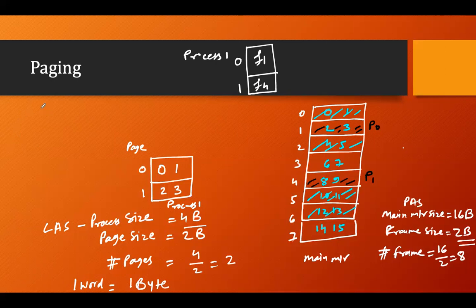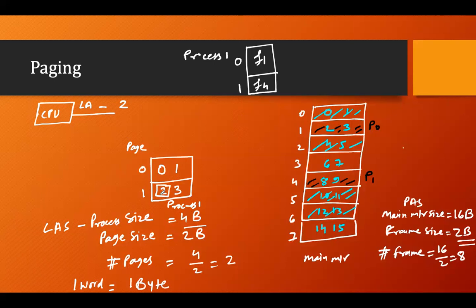Now the CPU is generating an address. Assume that the CPU is generating an address. That address is called a logical address. Let's say it has generated 2. Now it is generating 2. 2 means it requires this particular word from the process.